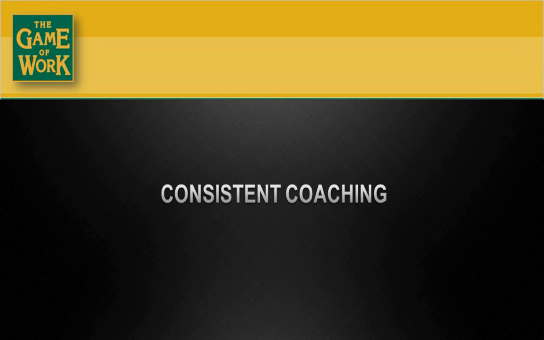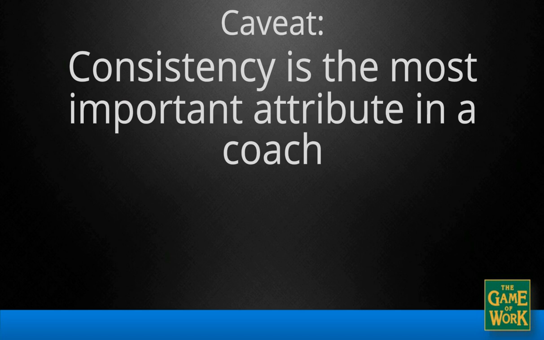As we go into consistent coaching, or as we say in the original book, don't change the rules in the middle of the game, we have to recognize that there are a couple of things that make coaching work best. First, consistency is the most important attribute in a coach. It doesn't matter if you are teacher or tyrant. Consistency is the most desirable aspect on the part of a team.